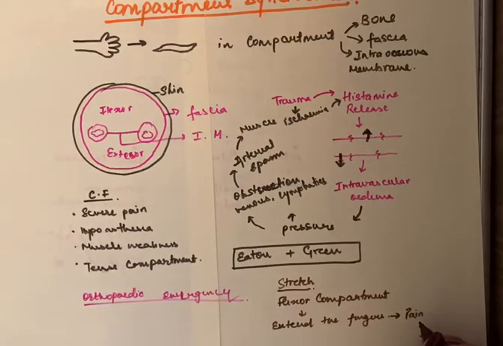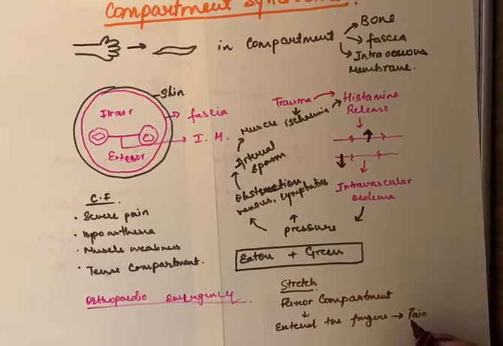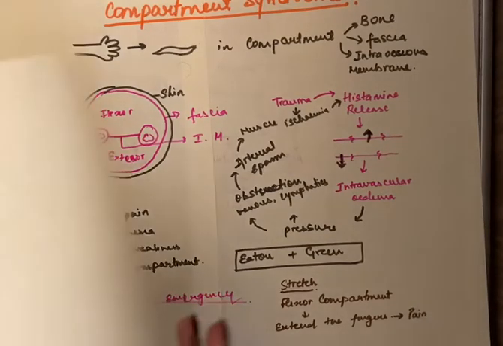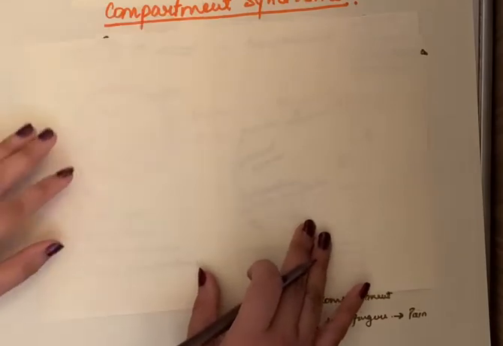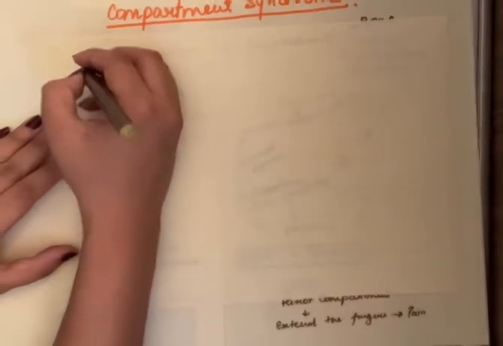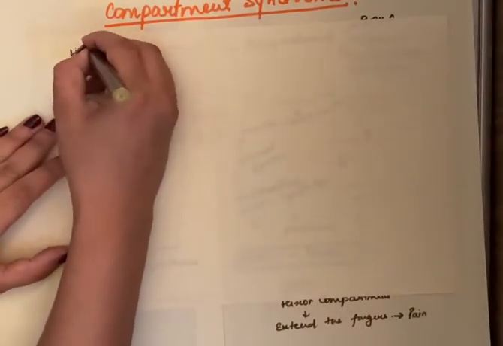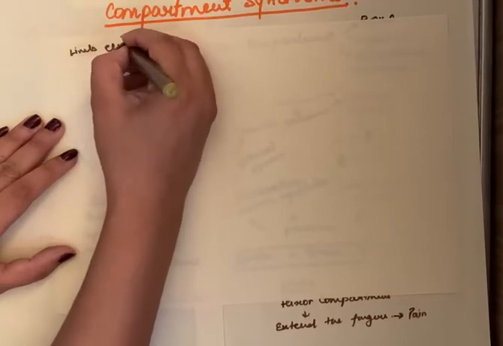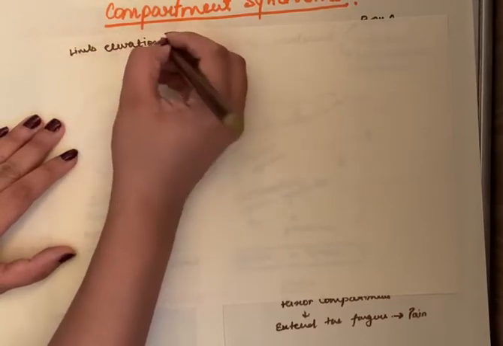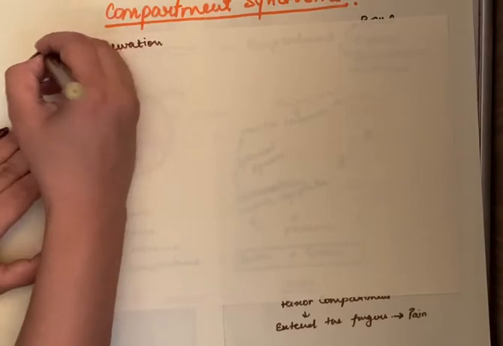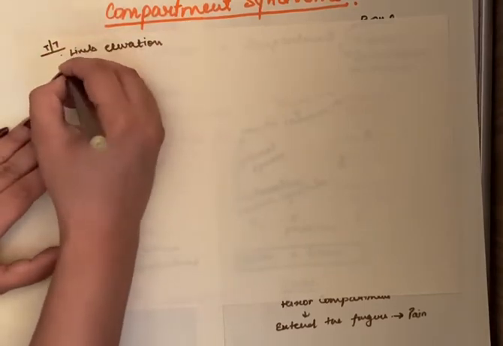Now next thing is what is to be done for the treatment. Now in the treatment we can do limb elevation, we can elevate the limb. Then we can do surgery.